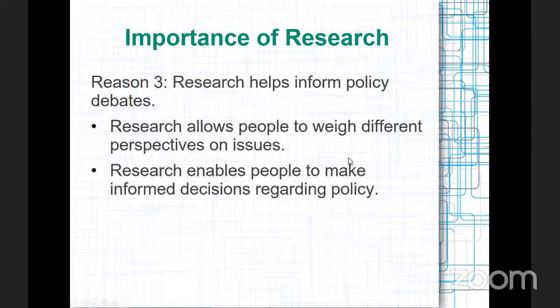All right. And then thirdly, research can inform policy debates. Those policies could be within the government or any other organization, whether a business or a nonprofit. The one that comes to my mind is smoking. I don't know if you know that when Jamaica banned cigarette smoking in public spaces, it was based on research.